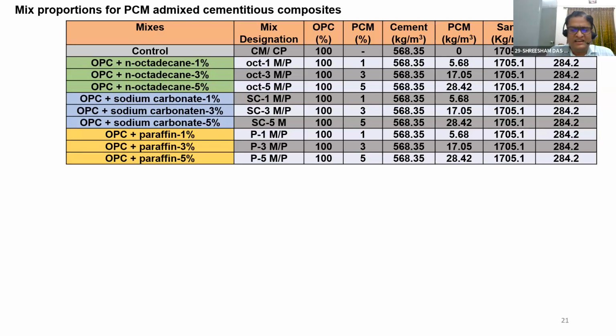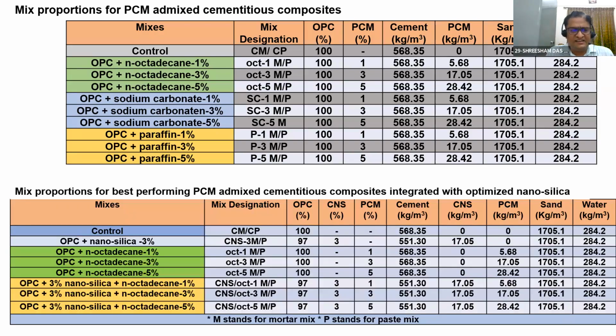So we tried different proportions, and similarly the next stage, OPC plus nanosilica 3%, then OPC plus N-octadecane 1%. What I've done is take all these initial mixes, and from these we have chosen only the best performing mixes.